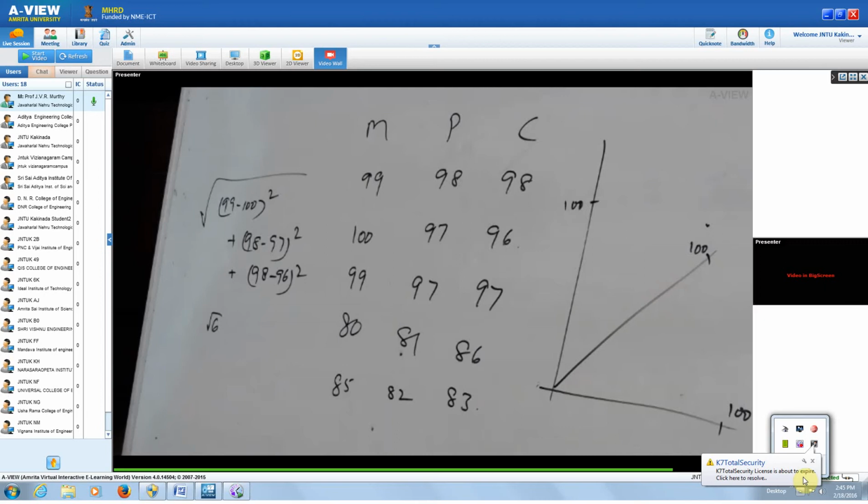So now, considering this distance, you will fix up a specific radius first, and all the things that are falling within this radius are one group. You can segregate.